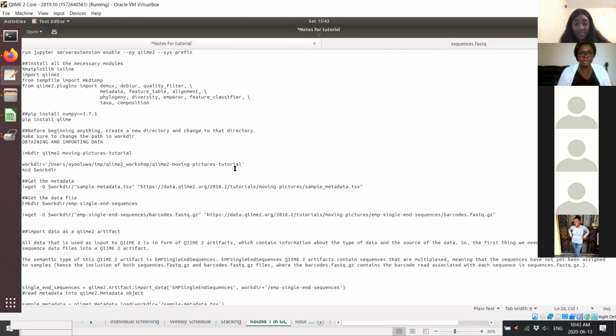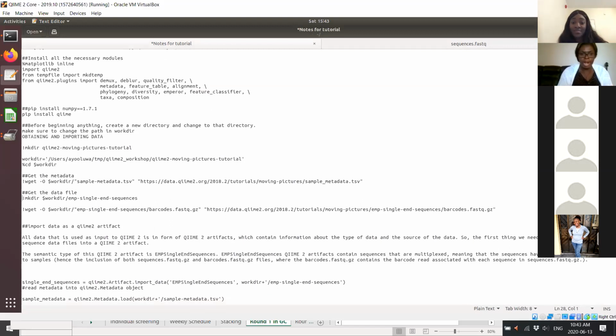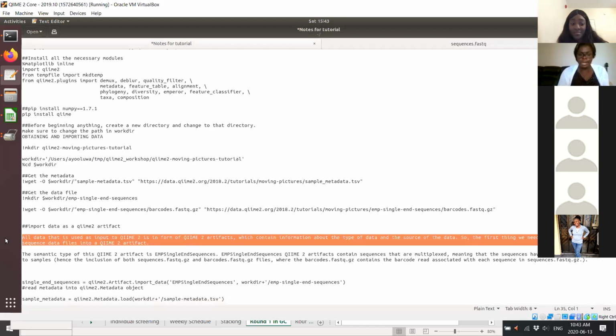Once you have your metadata and your data, you import all of that into a QIIME artifact. QIIME, like I said previously, and I'm going to keep saying it so that you guys know what I'm talking about and are familiar with it. I also wasn't familiar with QIIME until I started doing this kind of work. But it's very important for not only plant biologists; if you're working with human biology, plant biology, or even animal biology, it helps with getting things in check and also assigning species names to your bacteria or to your fungi.